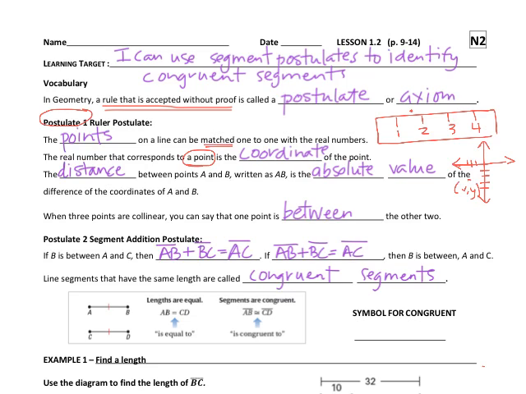And the distance between 2 points is going to be the absolute value. You may remember this from algebra: we have the straight up and down brackets, and if we had 4 minus 6 inside the absolute value symbols, we know that 4 minus 6 is negative 2. However, absolute value cannot be negative. It must be positive.